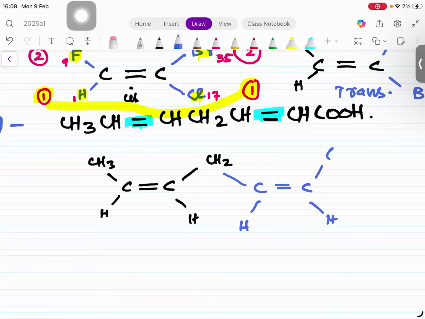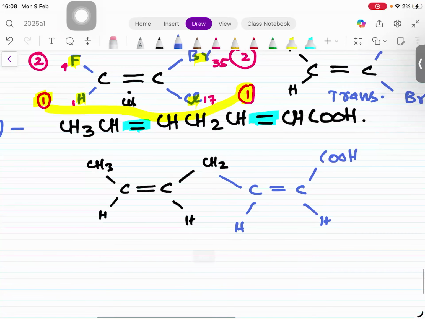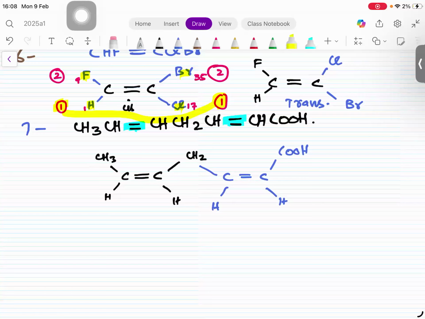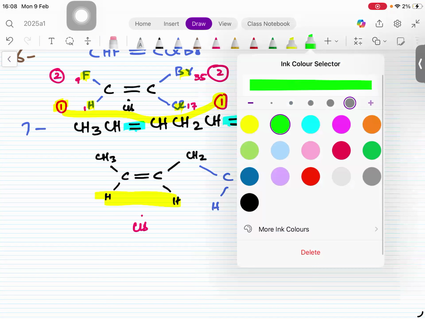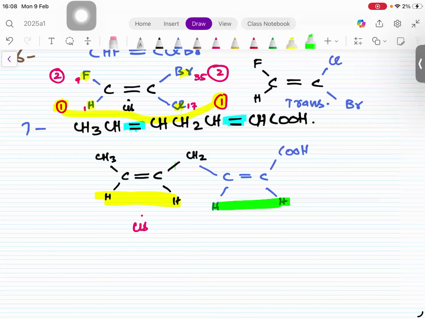So here it is COOH. Now this is the molecule. The first double bond restricts the free rotation and the two similar atoms are on the same side. So as per the first orientation, it is cis. But if you look at the second one, again the free rotation is restricted and two similar atoms are on the same side. So this is known as cis-cis isomer.